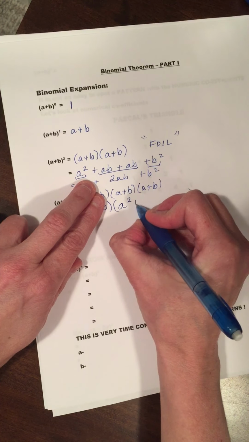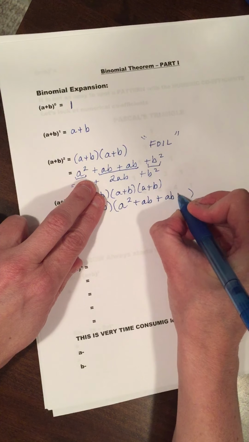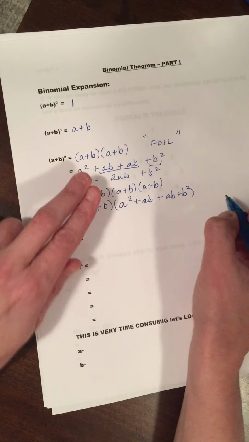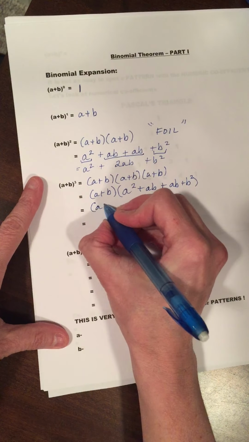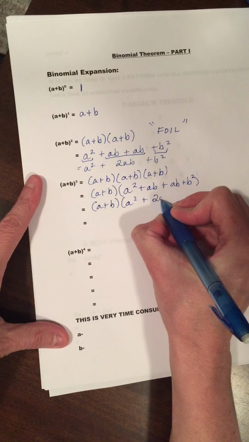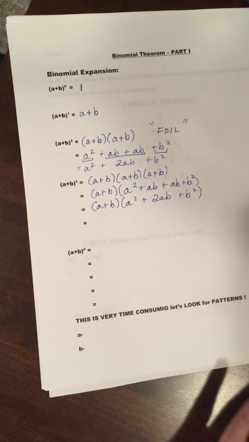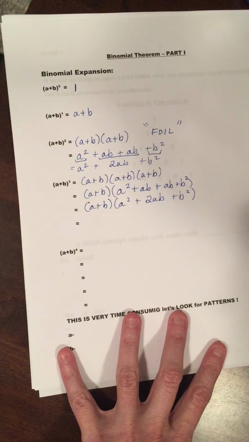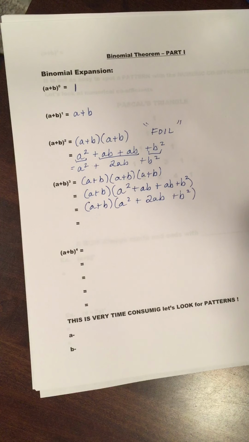First times first, outside times outside, inside times inside, last times last. Now, I can do a little bit of cleanup of the second bracket. And I'm not done. I've got to expand. I've got a binomial multiplied by a trinomial.